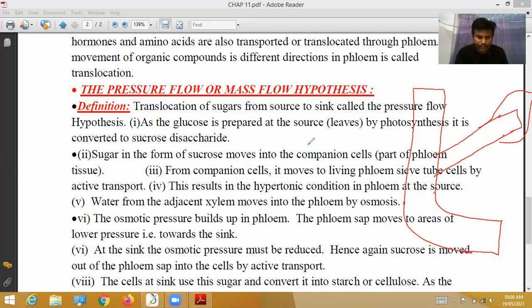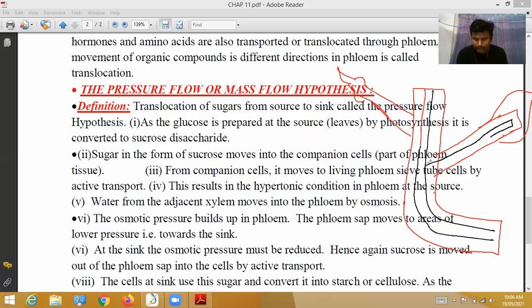It is a bud-like structure. In the middle, what is it? It is phloem. This is phloem tissue.